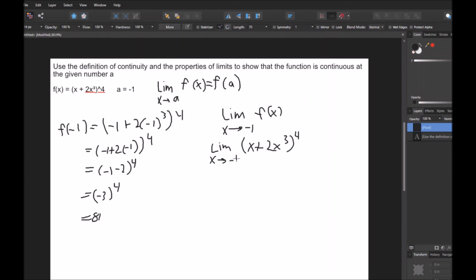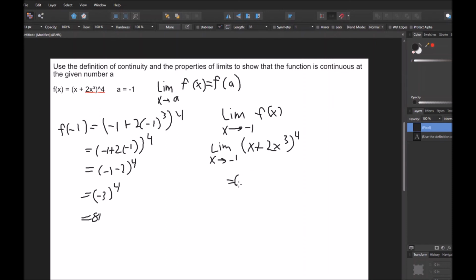Now, I don't have any situation here in which I would have a discontinuity. This is a polynomial, remember, which means it's going to be continuous at every number in its domain, and negative 1 is in the domain here. But just to make sure, I'm going to directly substitute negative 1 wherever I see x.